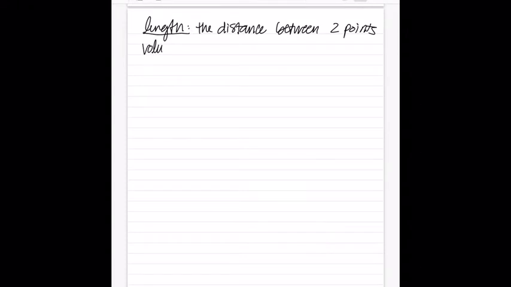Volume is the amount of space an object occupies.